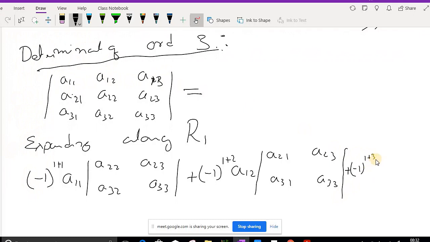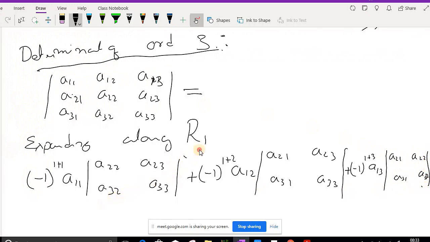Then you have a13. After that, a11 and a13 were used, so one row and one column are removed, and the remaining determinant is this, so you just write it: a21 a22, a31 a32. Okay, so this is the thing.